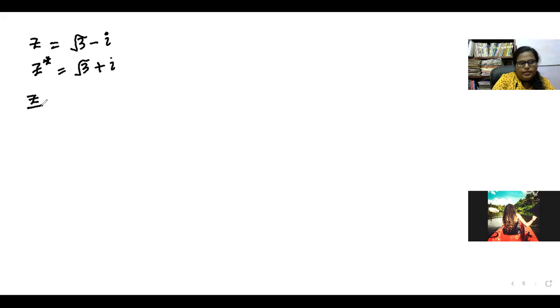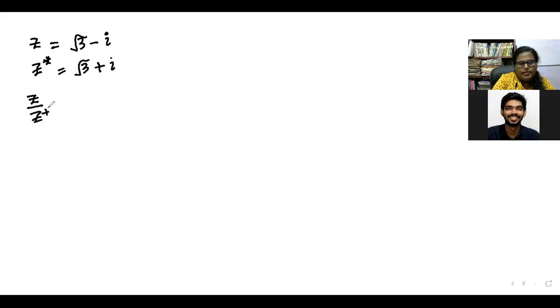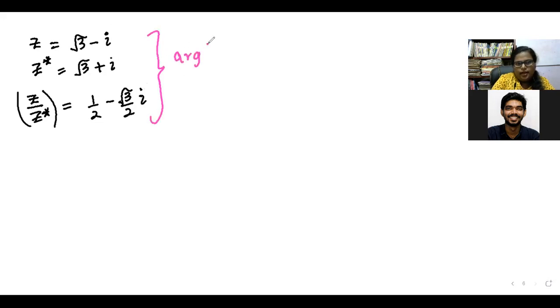And we have another complex number by dividing z by z star. It is half minus square root 3 over 2 i, right? These are the three complex numbers we have. By using these three complex numbers, we have to prove the result. Arg z over z star is equal to arg z minus arg z star, right?